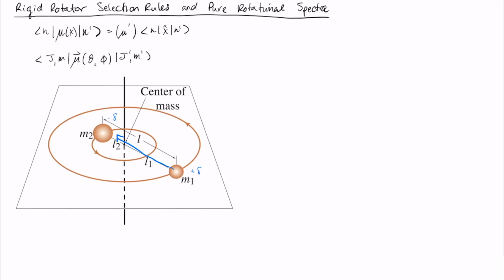So we can pick any one and we'll get similar enough results. And so what we're going to do is just pick the z-axis. So instead we're going to look purely at this matrix element in the z direction. And again, we'll assume this is some general function of theta and phi.